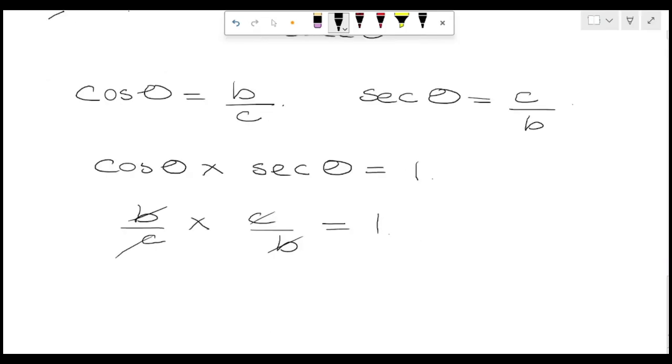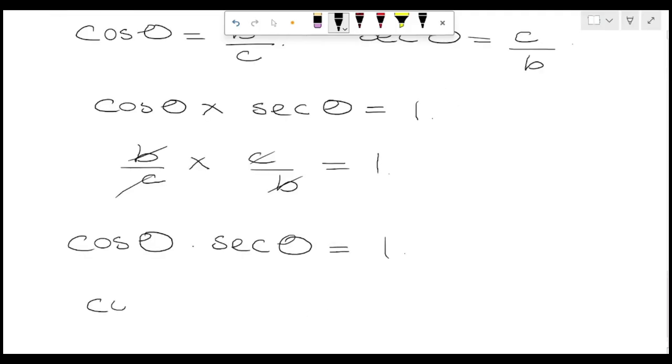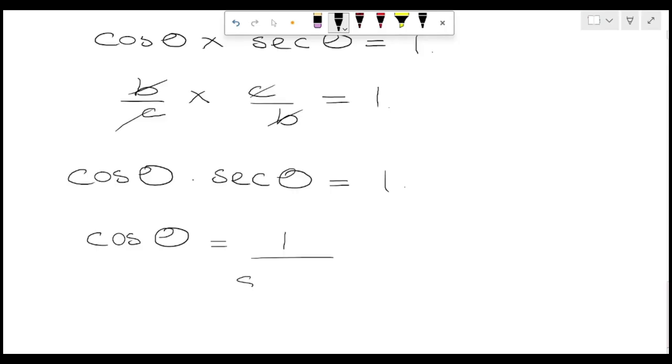So we can write cos theta dot sec theta is equal to 1, or we can also write cos theta is equal to 1 over sec theta. So here sec theta was divided on both sides.